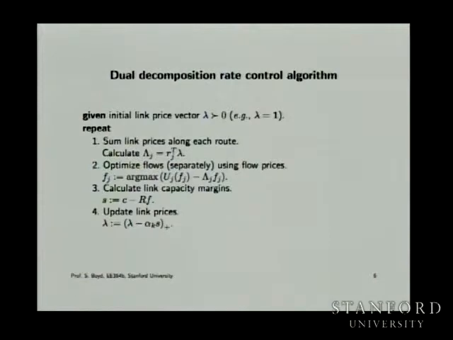Then it says each route, you sum the link prices along the route. That's calculating this thing, and then that's the total price on flow J. So each flow walks along, you can even imagine some protocol for this. This is obviously not how real flow control protocols work, but a lot of people have done a lot of work on back interpreting real flow control protocols, as in TCP/IP, back to this framework.